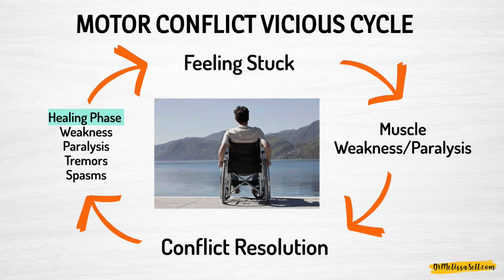And because we lack an understanding of what the biological purpose of this is, and we think it's the body messing up, we think that there's something wrong with us, that we have a disease, we then go to the doctor and have a diagnosis, and they tell us, yes, you do have this condition, or you have symptoms that seem to be in alignment with this condition, and this tends to make us feel even more stuck. And so that reinforces that feeling of there's something wrong with me, I'm not okay, I'm stuck, which again will manifest in more muscle weakness and paralysis.